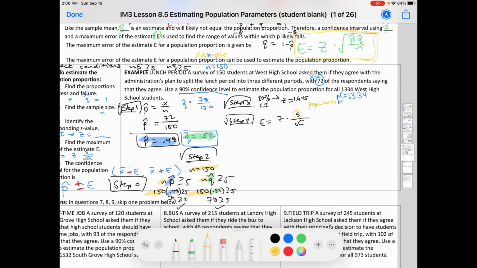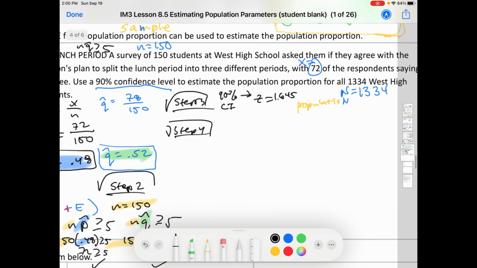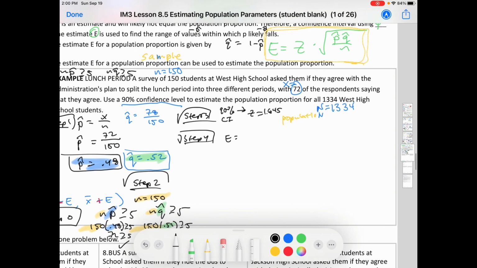So I'm going to use the one in the yellow box. Let's try that again. Over here, you need the square root of p hat q hat over n. Let's write that. E equals Z times the square root of p hat times q hat over n. Okay, our Z is 1.645.